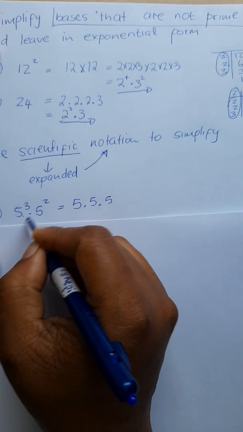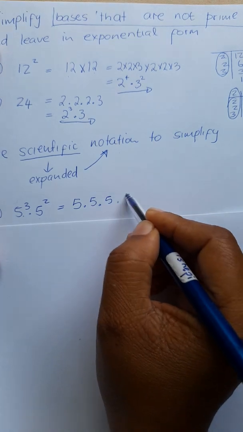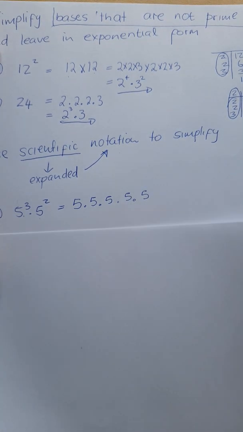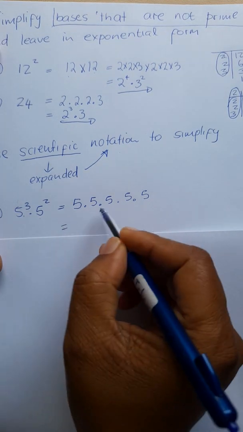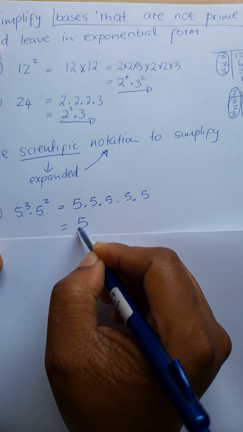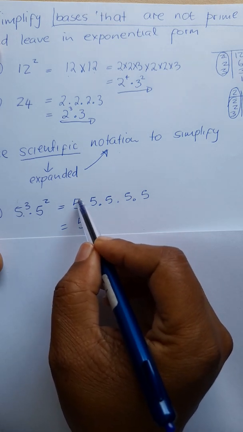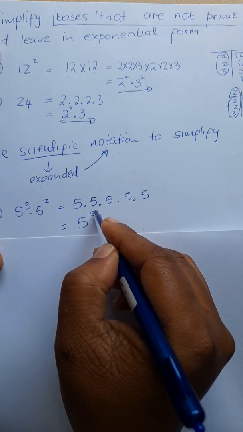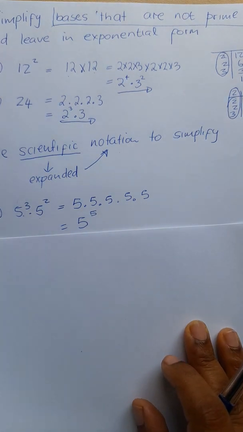The second part is 5 times 5. Now if you combine this, you only have one base, 5. It is multiplied how many times? 1, 2, 3, 4, 5. So it's going to be 5 to the power 5. So you can even simplify where you have the same bases.